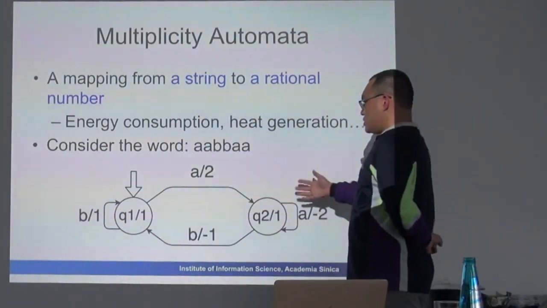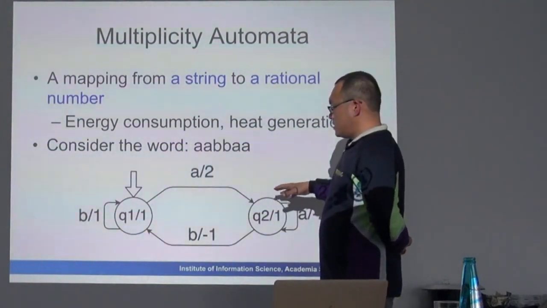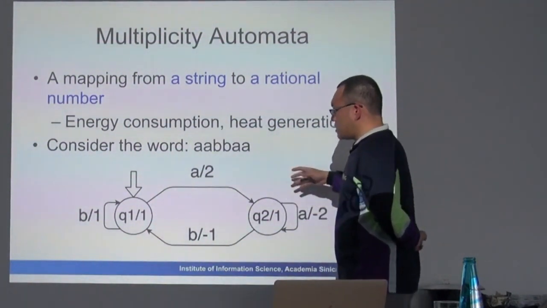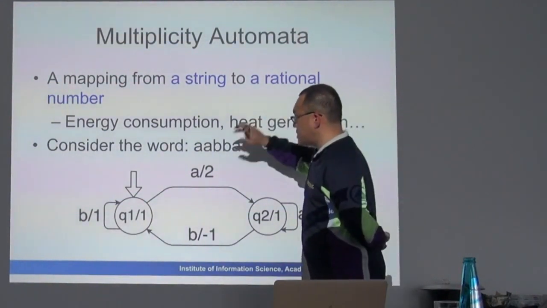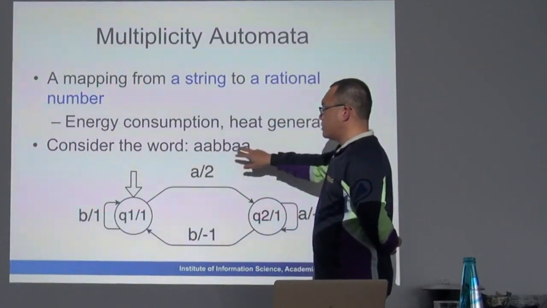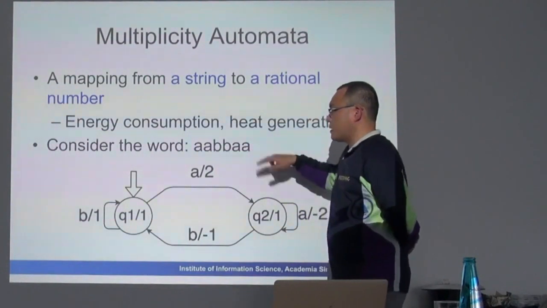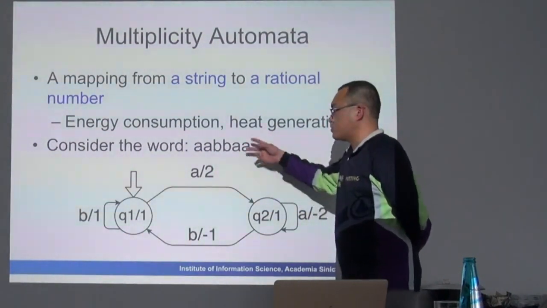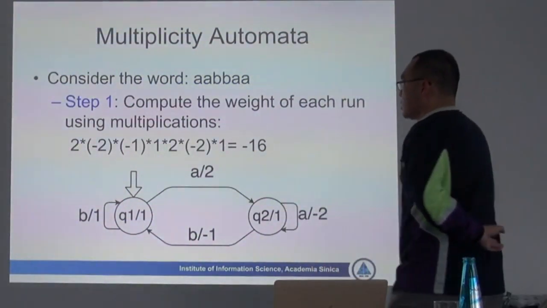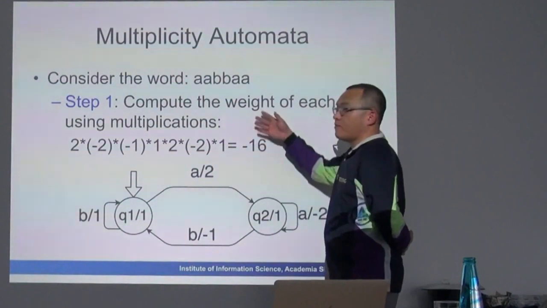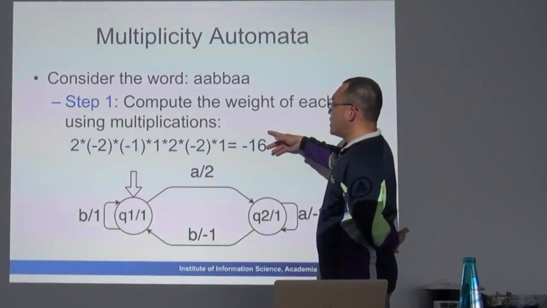So this is a multiplicity automaton, and its language is a mapping from a word to a rational number. Given a word like AABBA, how do we compute the output corresponding to this word? It consists of two steps. First, because it can be non-deterministic, you can have multiple runs. For each run, I first compute the weight of the run using multiplication.